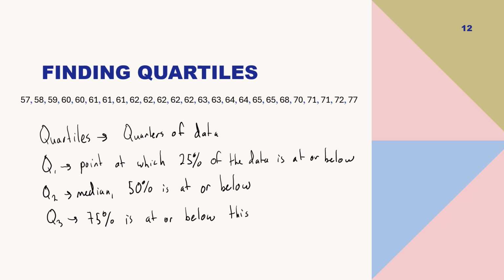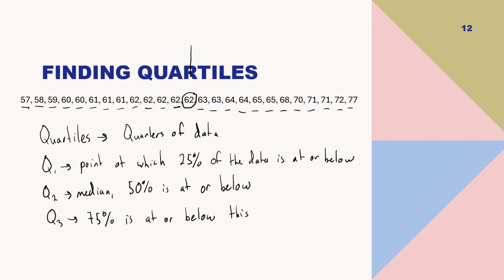Since there are 25 of these, if I count over 12 from both sides, the one that remains is the median.